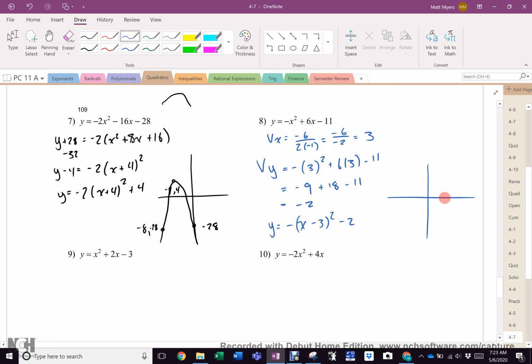So I graph it out here at (3, negative 2), and I go down to negative 11, which makes sense. When I go 3 over, I should go down 9 because it's a 1, and I did, because that is a (3, negative 2). So then when I go 3 that way, out to (6, negative 11).